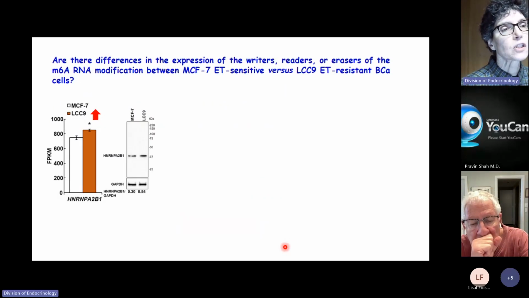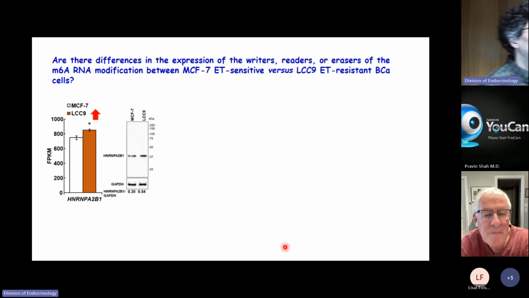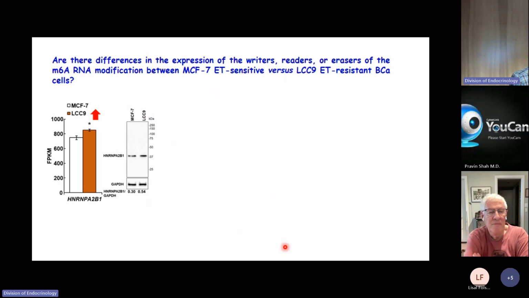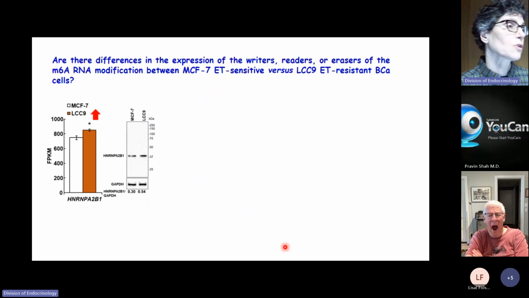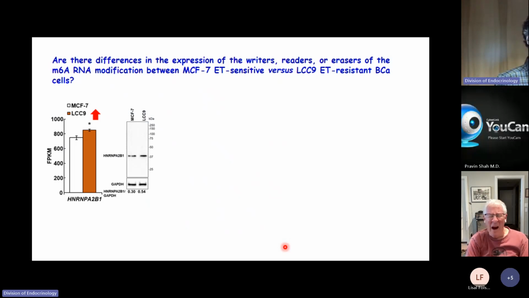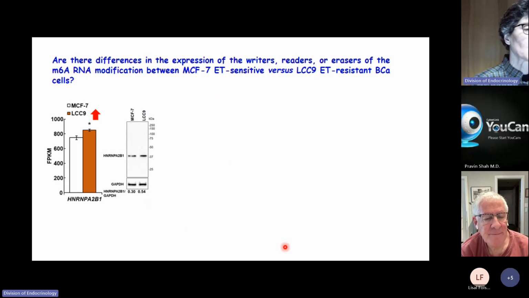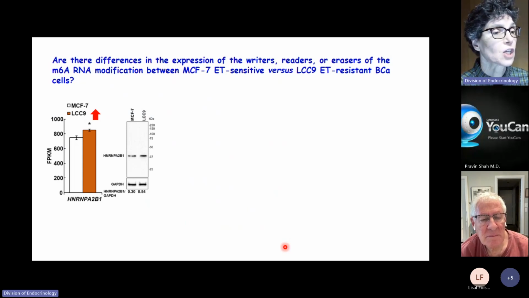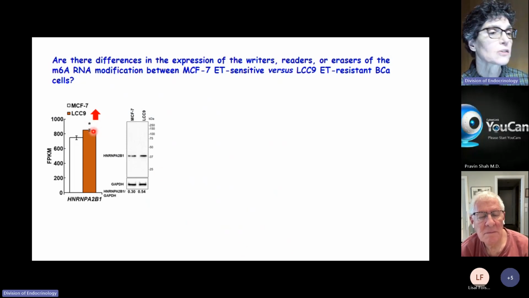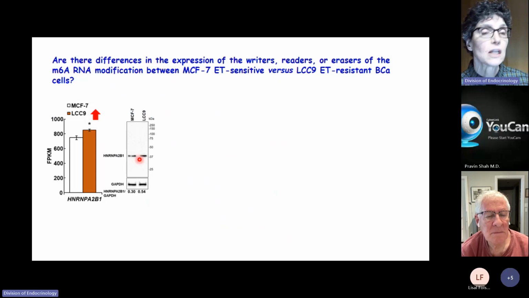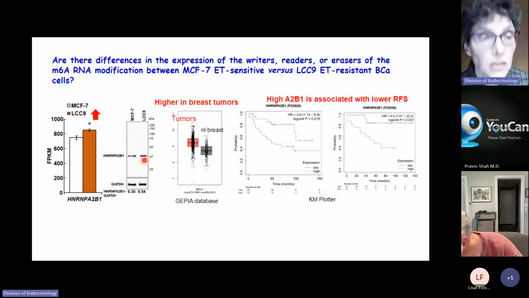So I first looked at the expression of all the readers, writers, and erasers in a data set that we had of RNA-seq between MCF7 endocrine sensitive versus LCC9 endocrine therapy resistant breast cancer cells. And what I found was that there was an increase in hnRNPA2B1 in the LCC9 endocrine therapy resistant cell line compared to MCF7.